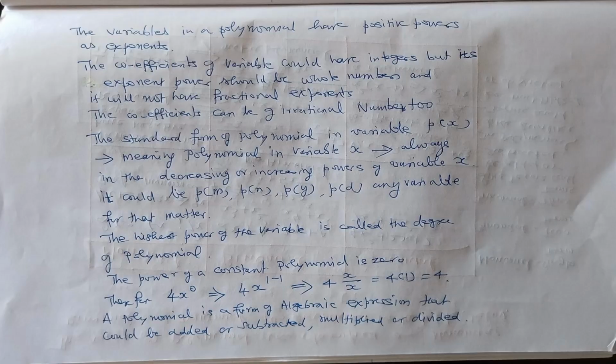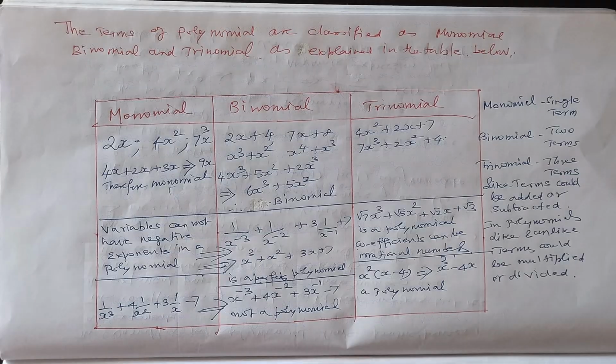Also, the polynomial in standard form is always written in decreasing or increasing power of the exponents. So when you start from a higher exponent, x4, x3, x2, x1, when the constant term comes, it is constant into x0. The terms of a polynomial classified as monomial, binomial and trinomial are explained in the slide herein.